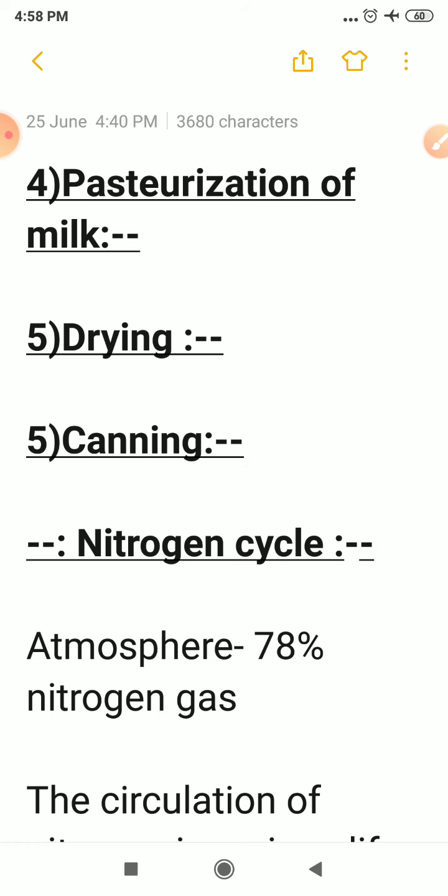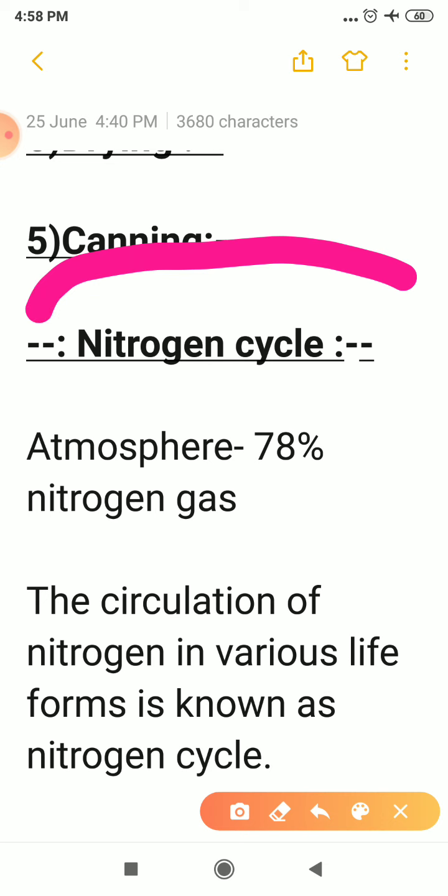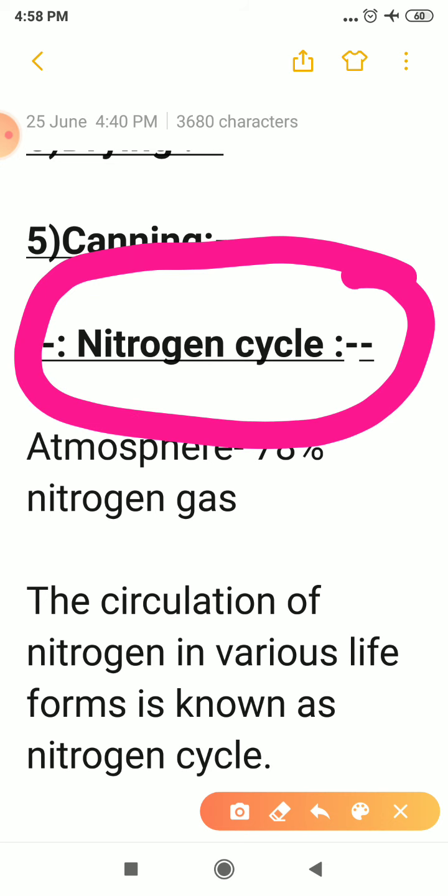In the same fashion, nitrogen gas is circulated in various life forms, from gaseous form to different forms.